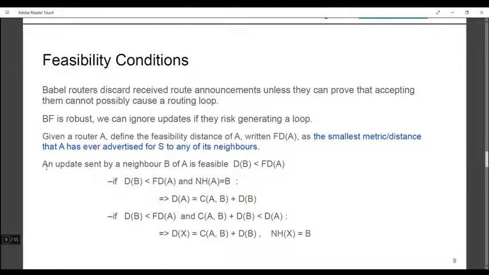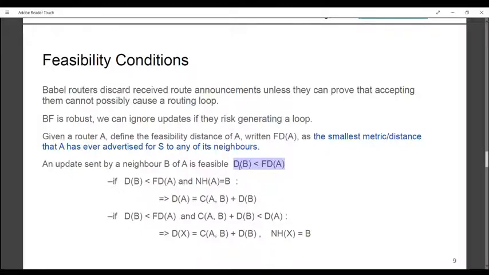So what's going to happen now is that an update sent by a neighbor B of A is feasible only when the metric of B is less than the feasibility distance of A. So we are adding this condition to the Bellman-Ford algorithm.